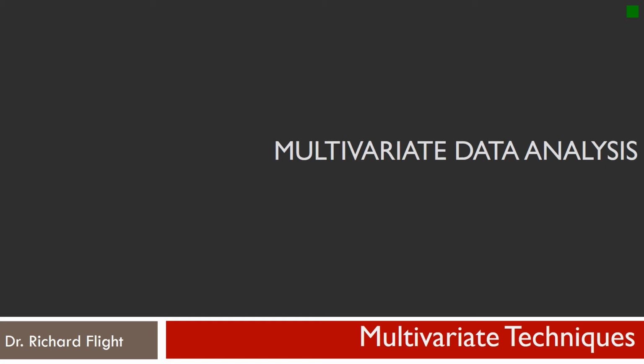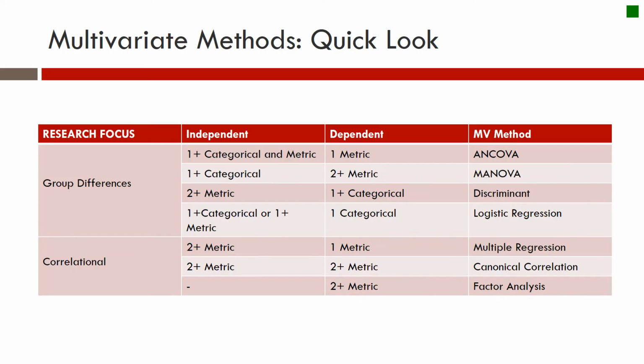Alrighty, this little video here is going to be just an overview of different multivariate techniques that are available to us in order to be able to assess and test relationships between variables.